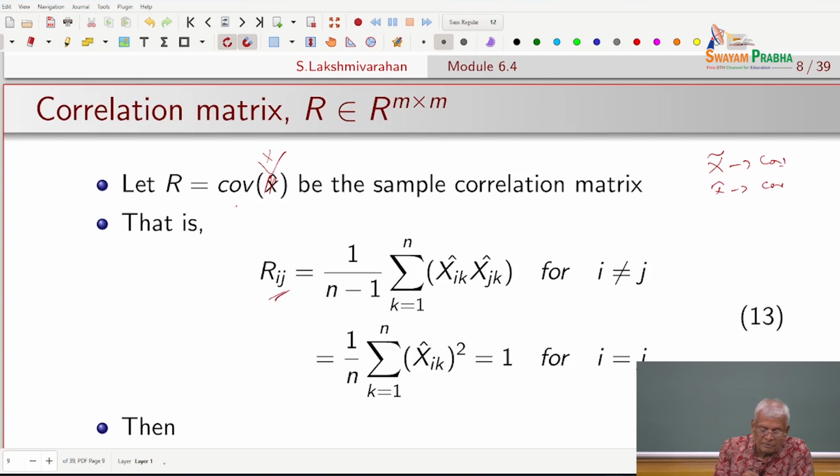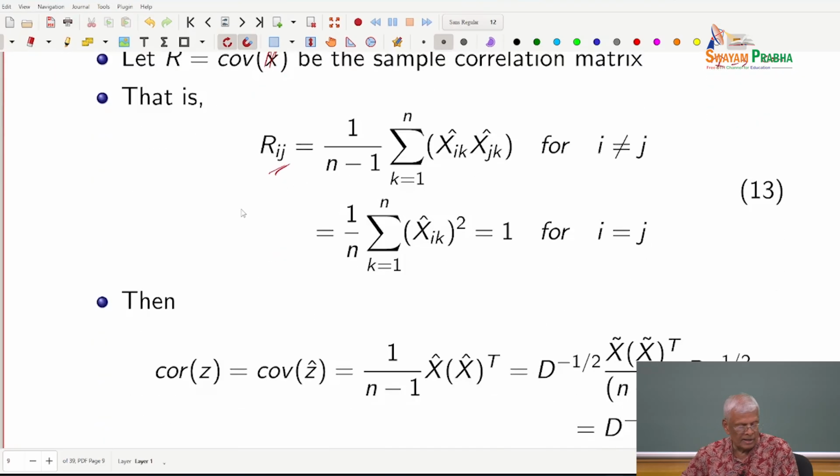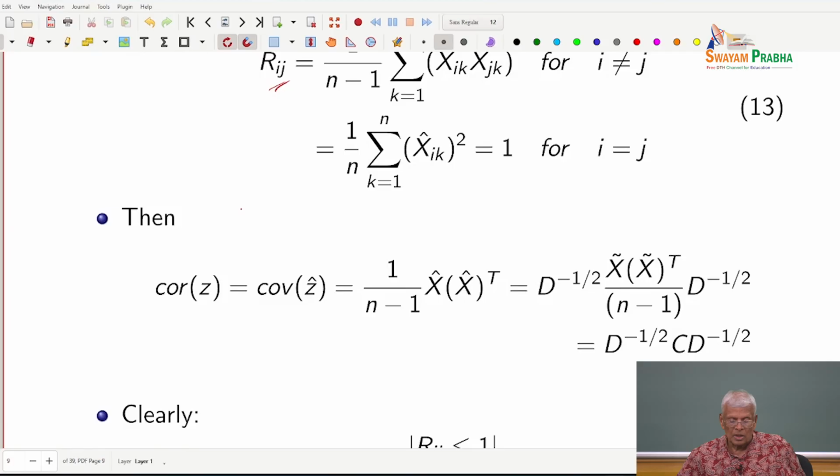So by the same relation, I am going to use Rij, and I have the correlation. The correlation is given by X tilde transpose. So by using the relation between X hat and X tilde, I get this relation, and I do know this is the covariance matrix.